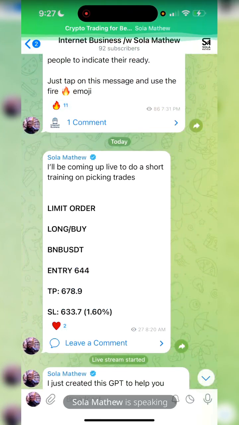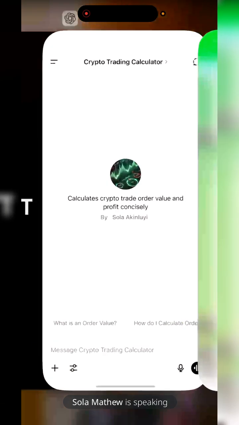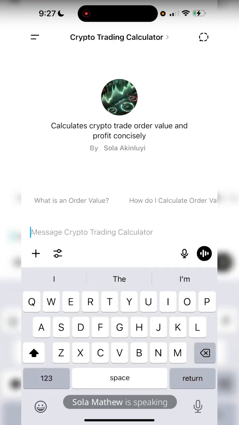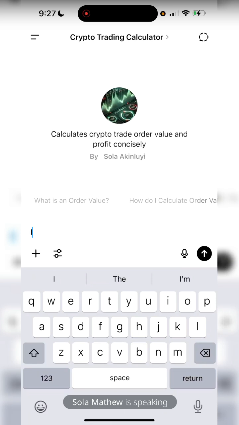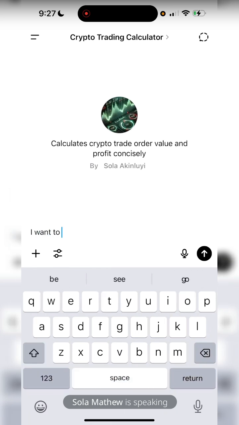So what you can then do is just come to ChatGPT and say, I want to pick a trade and help me get order value.